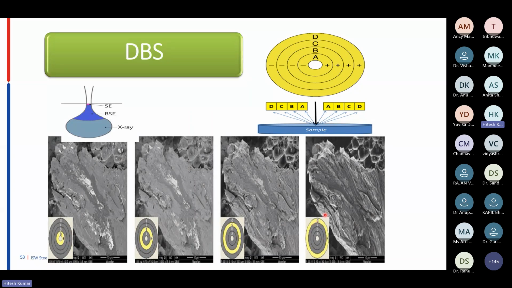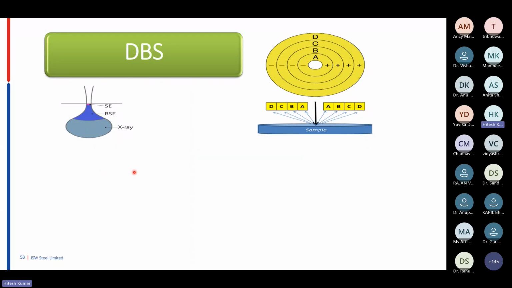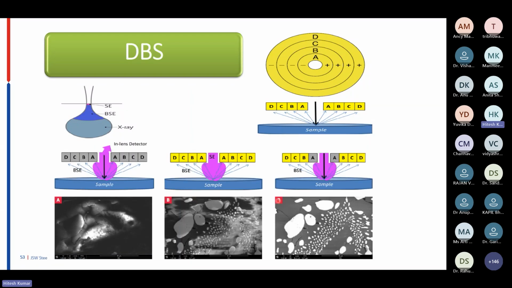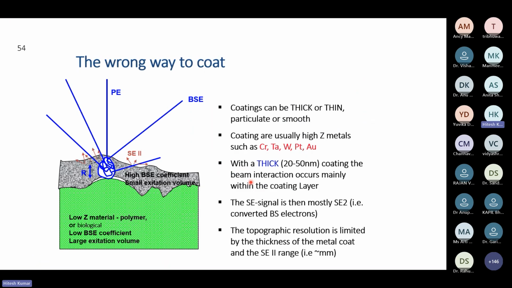If you see D, it gives more appropriate information about your microstructure. For another example, this one is taken with the help of A. If you look at B, you can easily identify that two different phases are there. With the help of this, you can easily identify the volume fraction or weight fraction of the secondary phase inside your material. This is the benefit we can take during its usage.